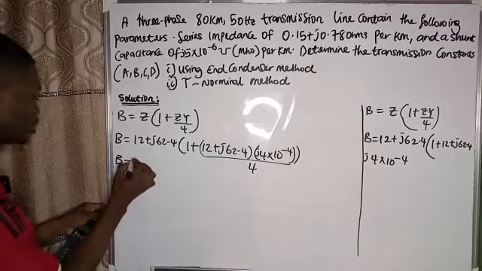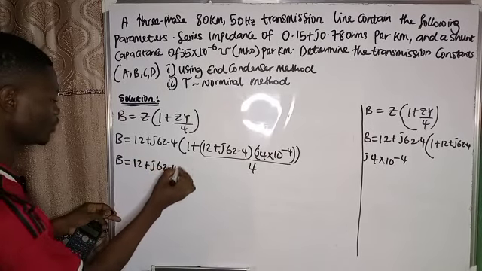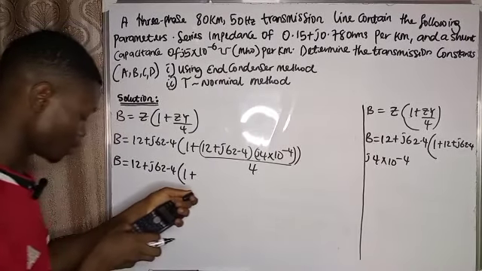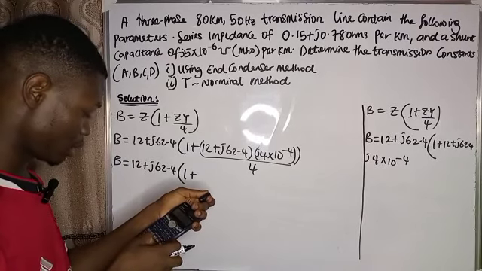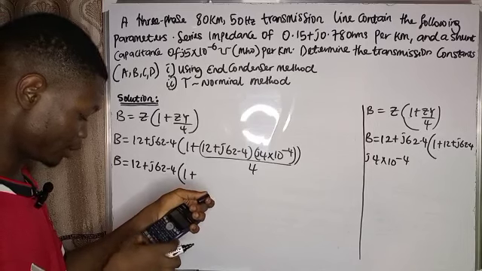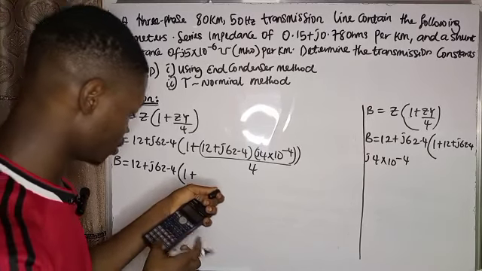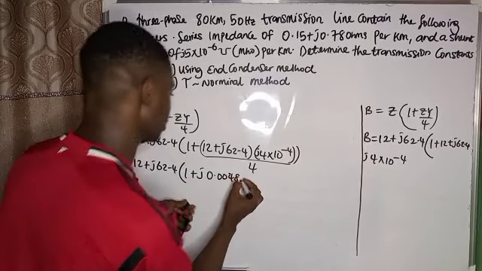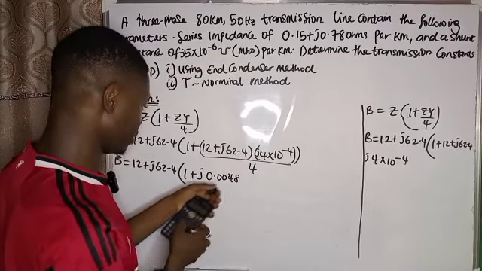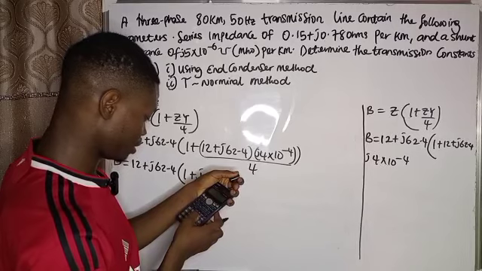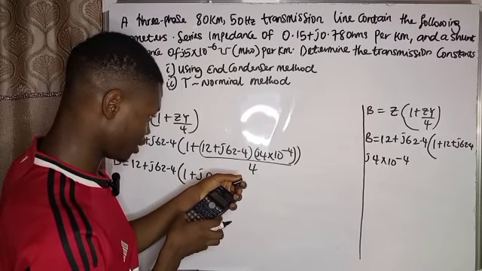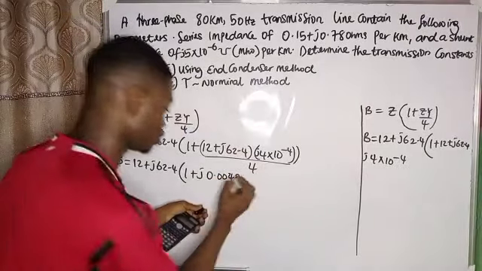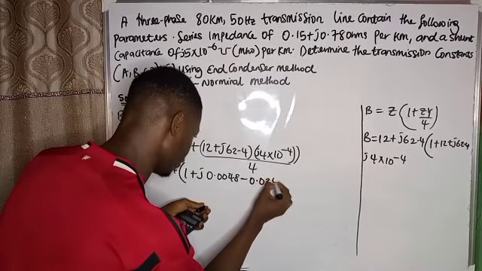So let me open this. 12 times 4 times 10 raised to the power of minus 4 will give me j0.0048. Then 62.4 times 4 times 10 raised to the power of minus 4, because j times j is minus, so I'm going to have minus 0.02496.